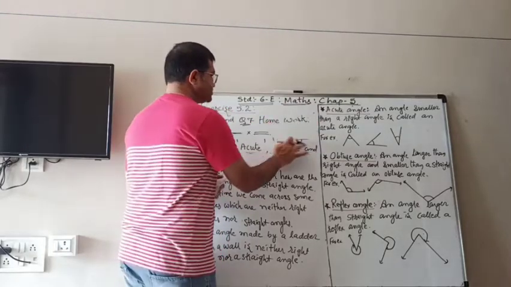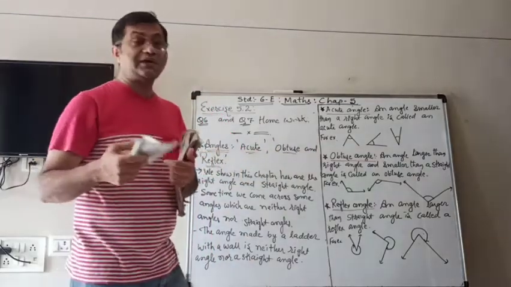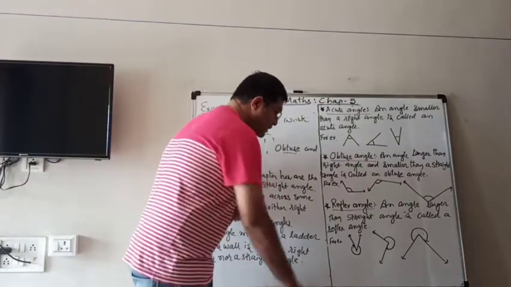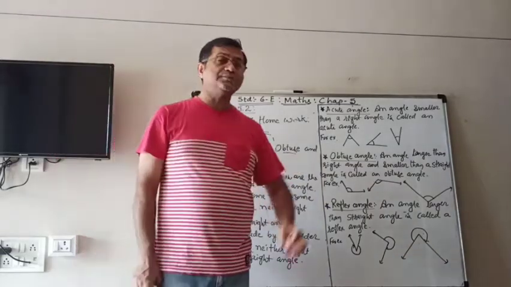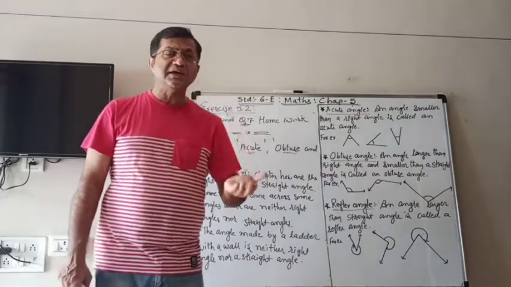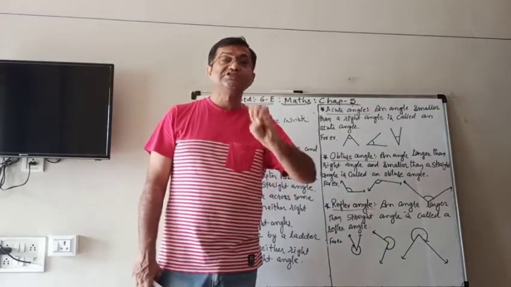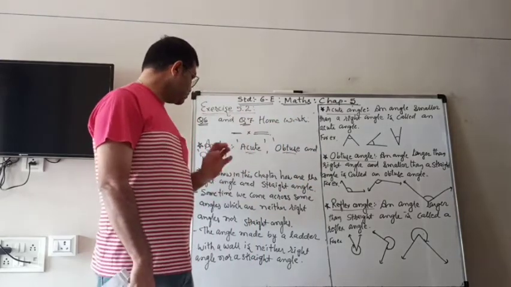It means some angles will be bigger than the right angle, some angles will be smaller than the right angle. So, through the RA tester, you can check whether they are bigger or smaller than the right angles.